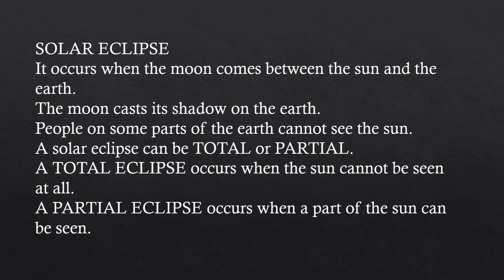People on some parts of the earth cannot see the sun. A solar eclipse can be total or partial. A total eclipse occurs when the sun cannot be seen at all, and a partial solar eclipse occurs when a part of the sun can be seen.